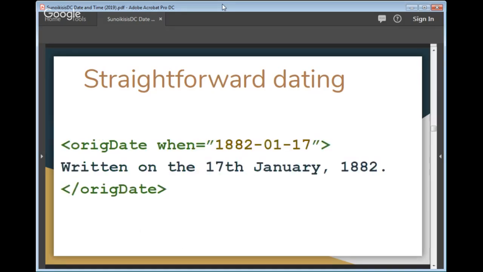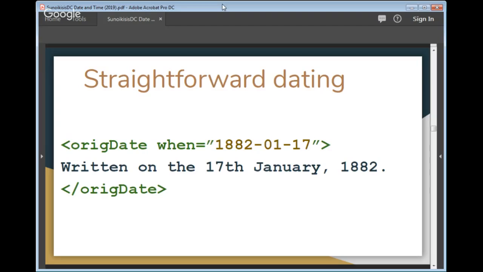So in the simple cases where we are talking about Gregorian dates, and there's no problem caused by that, you might have a manuscript where you can simply say this manuscript was written on the 17th of January 1882, so you can use origDate, the date of origin of this manuscript in the TEI. You can say origDate, and then the when attribute has a value of 1882-01-17.